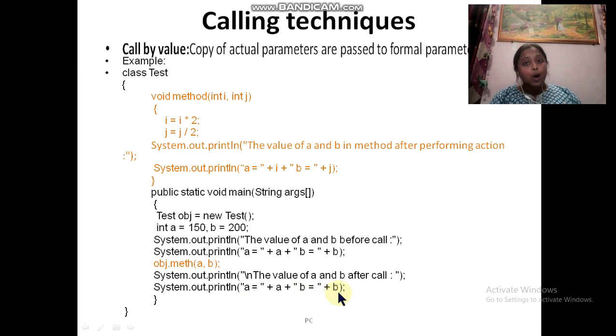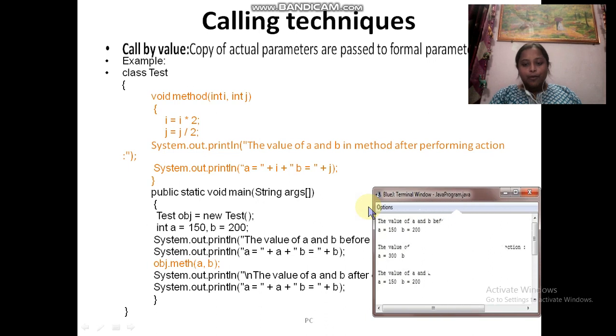Now from the output we will see what is actually happening. The value of a and b before the call was 150 and 200, as we initialized. Then the line showing the value of a and b after performing the action in the method is printed, because we have called the function.